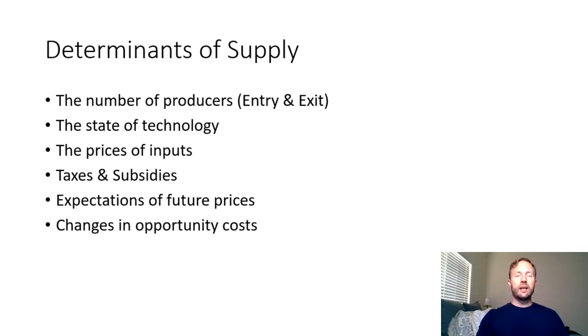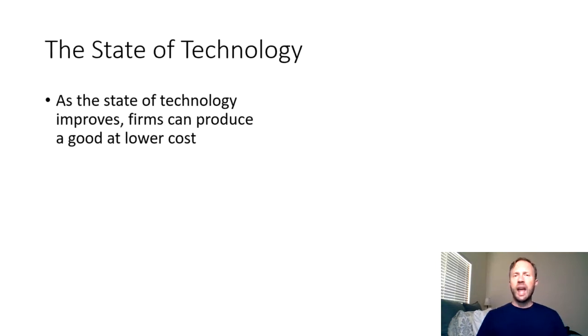Second, we've got the state of technology. And this is just simply a way of saying that as technology improves for producing some product, producers are able to make more of it for the same cost, or perhaps even at a lower cost. So you can imagine farming, right?